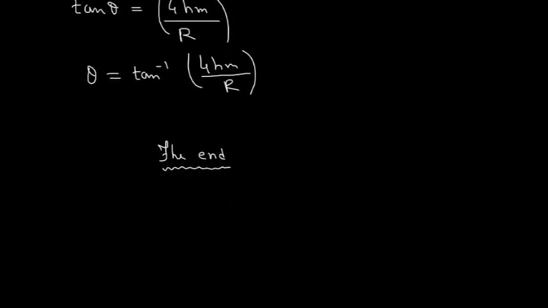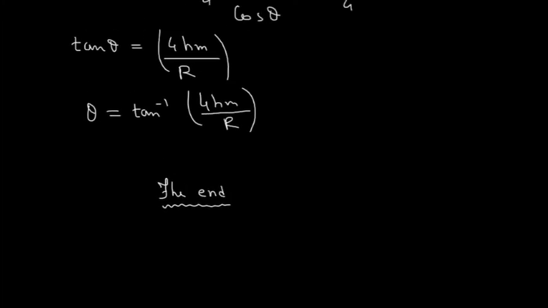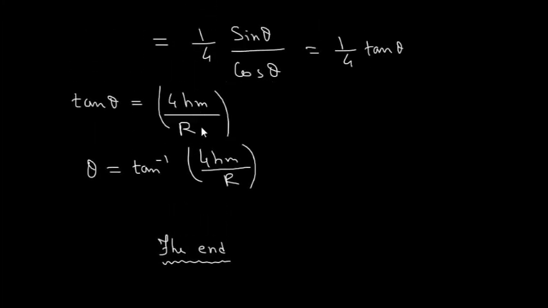So solving this equation, we can find tan theta is equal to 4 hm upon R. Theta is equal to tan inverse 4 hm upon R. And this is the end of this chapter 4.